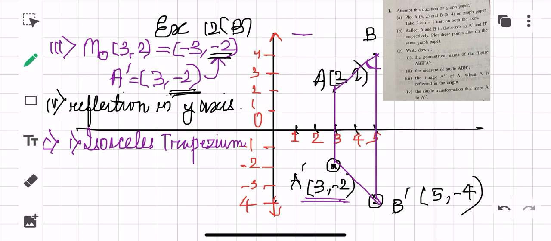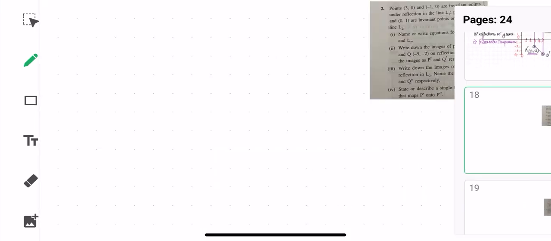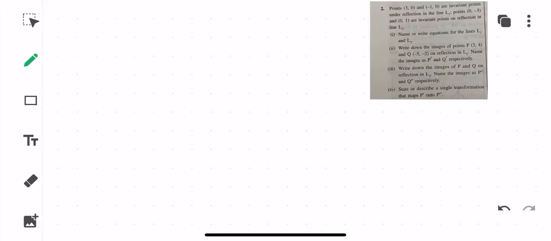Okay, and then what are they asking now? We'll be moving to question number 2. Okay, so question number 2 is this, children. Points 3, 0 and -1, 0 are invariant points under reflection in the line L1, and these are invariant points in reflection in line L2. Write the equations of the lines.